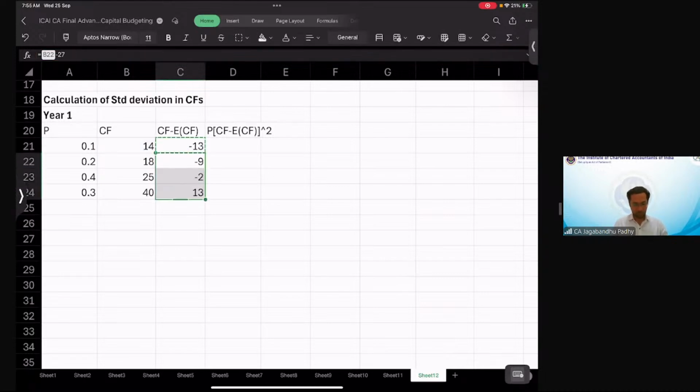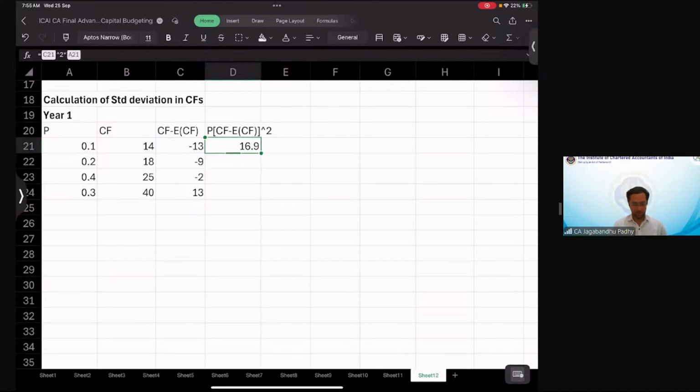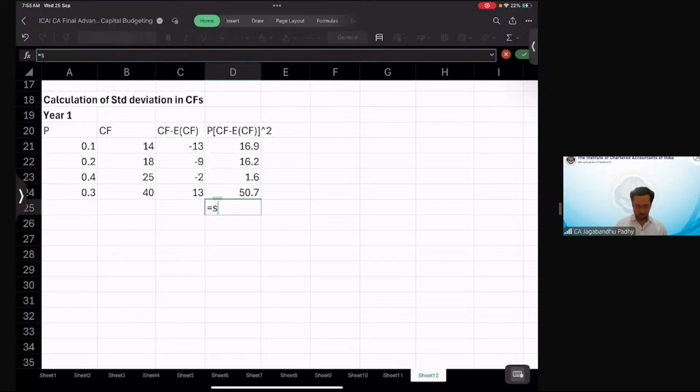So these are the deviations that we are observing in year one, then what we do is we take a square of this term, right? And then multiply this with probability, right?